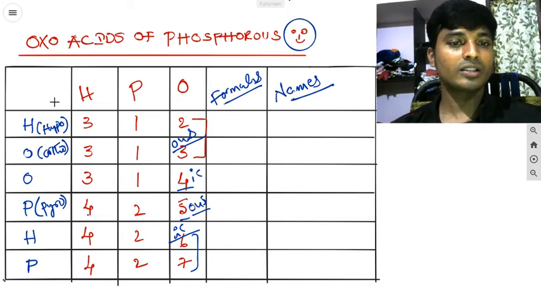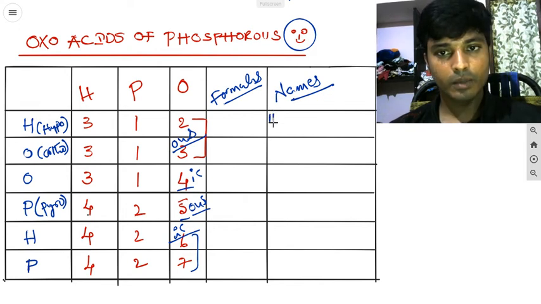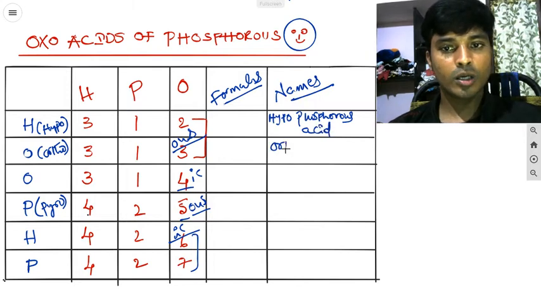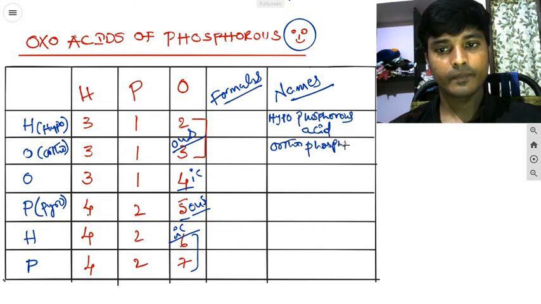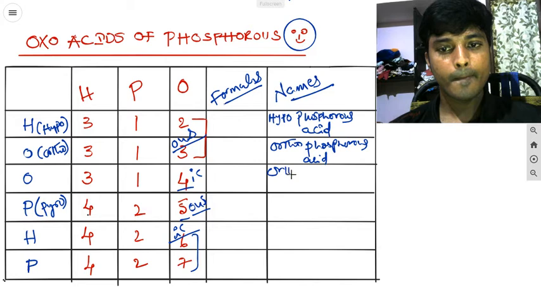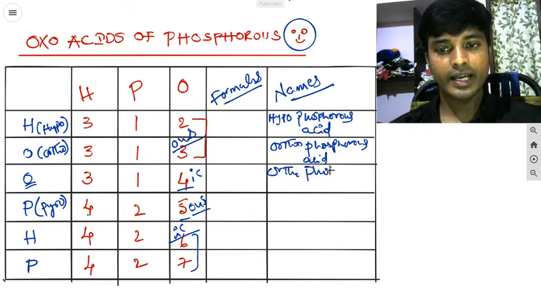For example, hypophosphorus acid, this is the first one. Second one, orthophosphorus acid. Third one, IC, ortho, since it starts from O only, orthophosphoric acid.